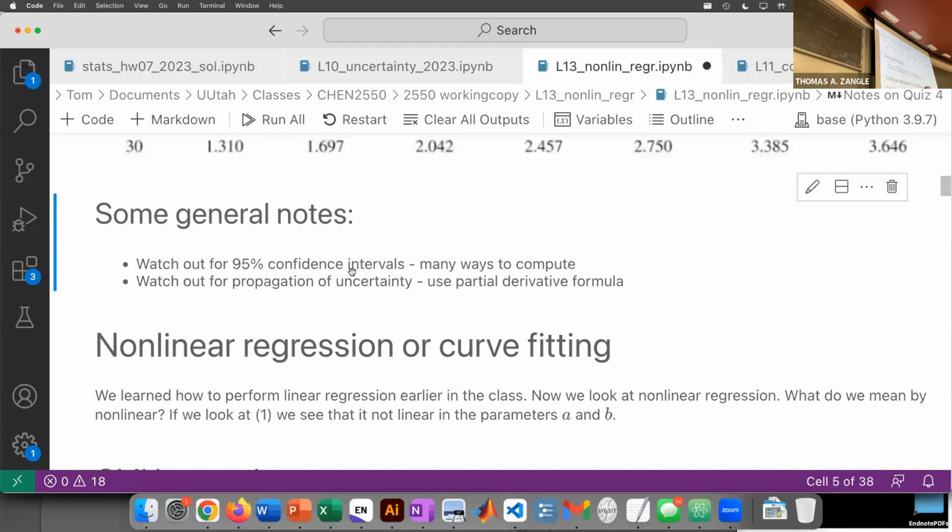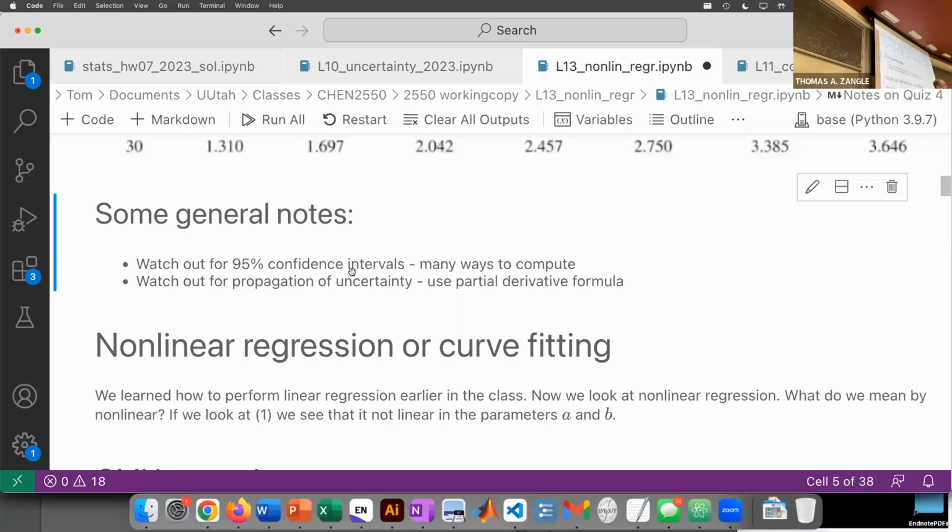For the material that we've covered more recently, we've discussed a number of different ways of estimating 95% confidence intervals. Right, so we've talked about propagation of uncertainty, which we'll talk about again in just a second. We had a simplified propagation of uncertainty equation for a linear expression, but for a nonlinear expression, we had the partial derivative way of propagating uncertainty. We looked at 95% confidence intervals when we have just a single value for the mean.